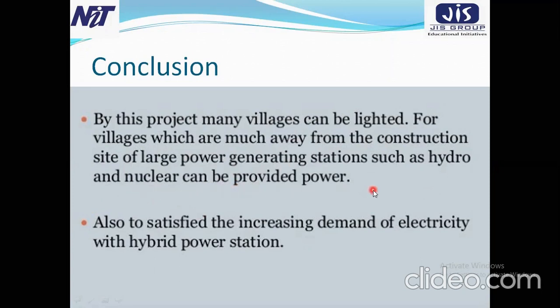Yes, using solar power and wind power, we can give the facility to use electricity in a very remote place where practically it is not possible to send the power by installing a tower 1,000 kilometers away from the power plant. So in that area we can give the supply, and the development will automatically follow if power is there.